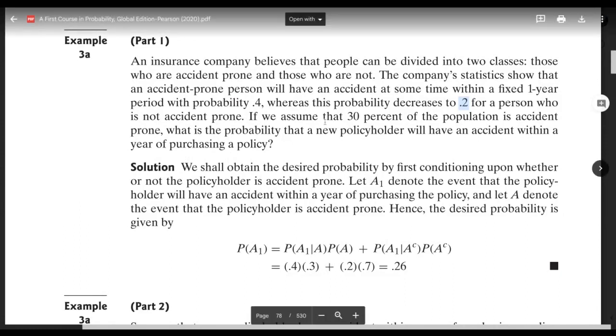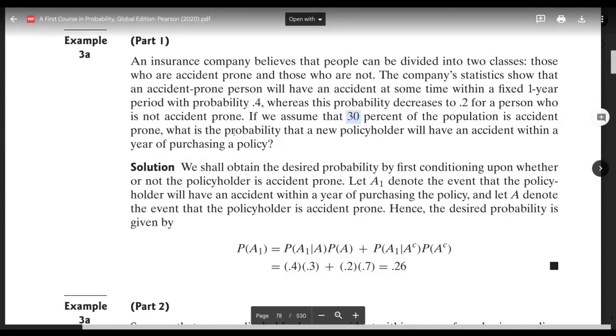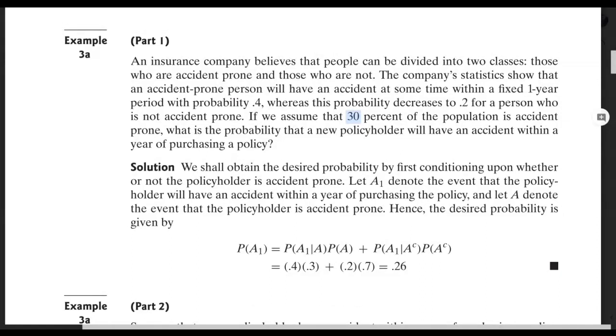If we assume that 30% of the population is accident prone, what is the probability that a new policyholder will have an accident within a year of purchasing a policy?